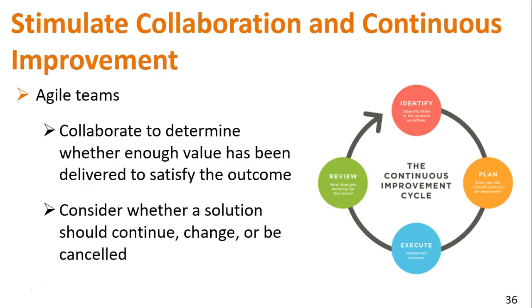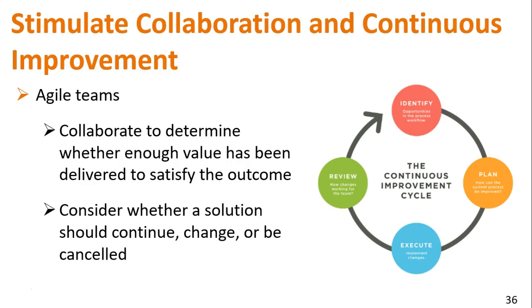Those people and that information all need to be coming together to feed up to the people who are making the decisions about which components to deliver and in what sequence to deliver those components.